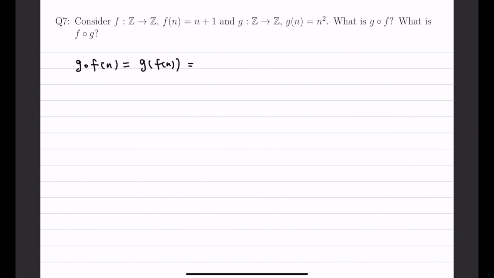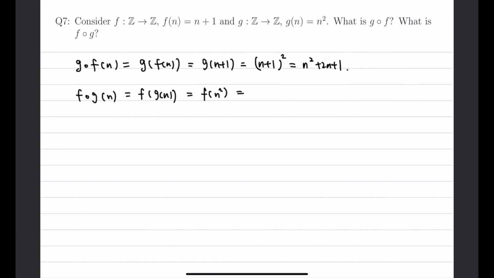And since f of n is n plus 1, we get this is equal to g of n plus 1, which is equal to n plus 1 squared, and n squared plus 2n plus 1. And f compose g of n is equal to f of g of n, and this is equal to f of n squared, which is equal to n squared plus 1.